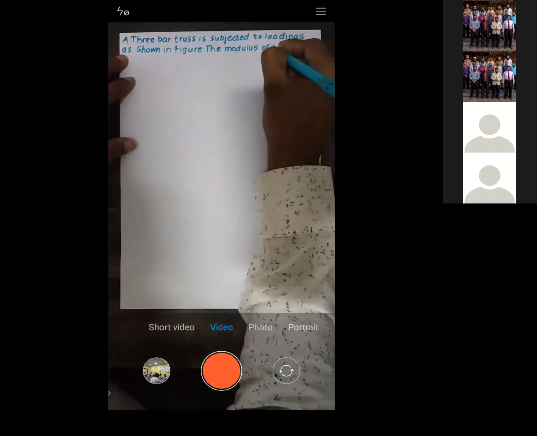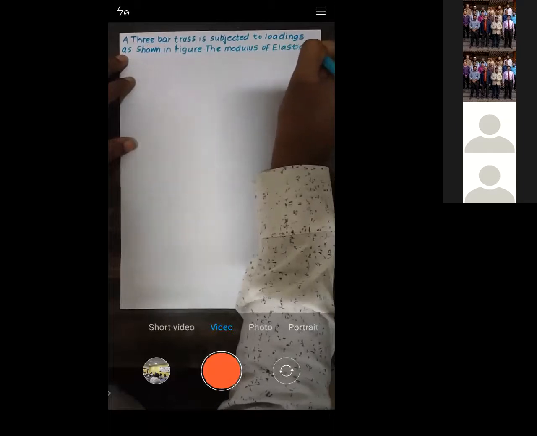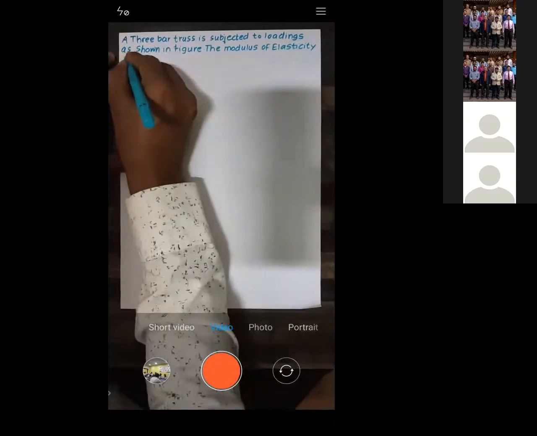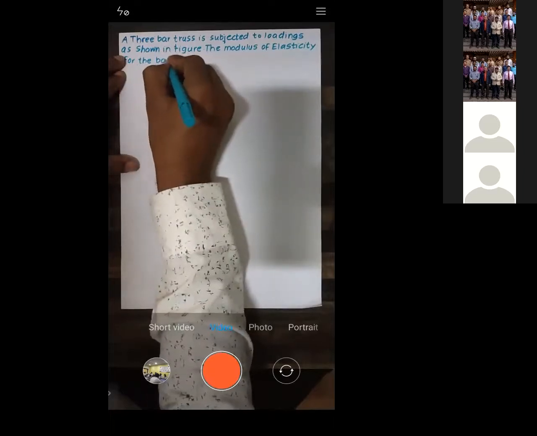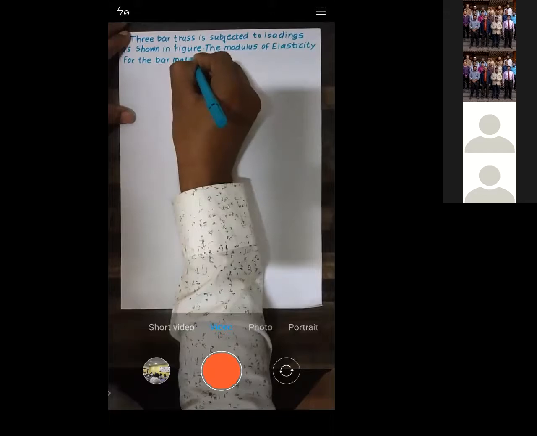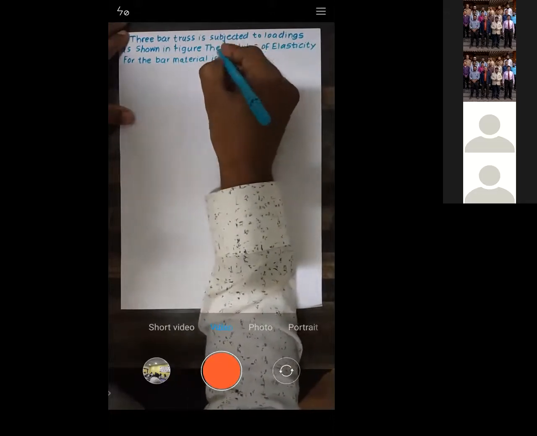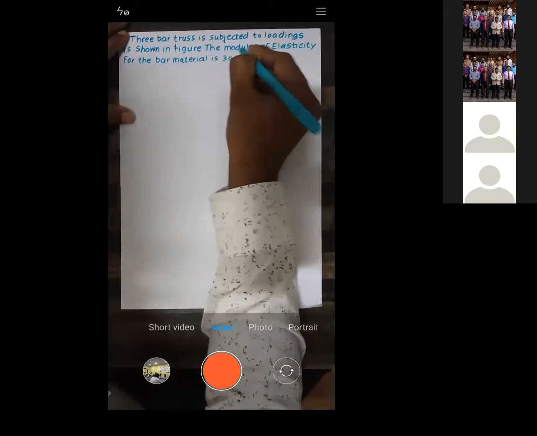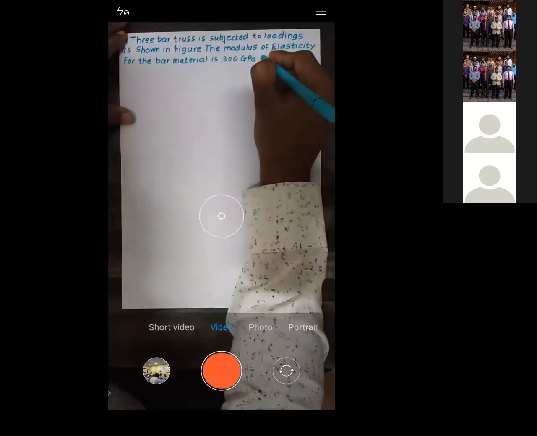The modulus of elasticity for the bar material is 300 gigapascal.